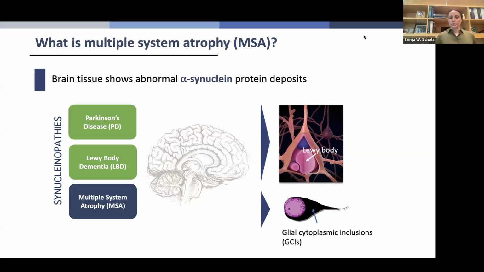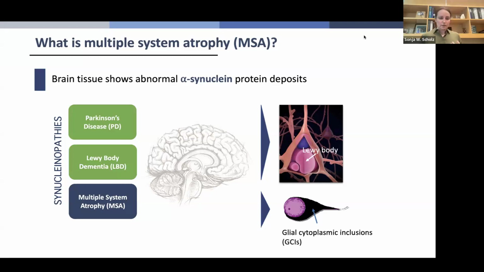Whereas in multiple system atrophy, we see the main pathology happening in a type of cell called the oligodendroglial cells, which support the function of neurons and also build an insulation around the neurons. And in those individuals, we do see these so-called glial cytoplasmic inclusions, a bit of a mouthful, that are made up predominantly of alpha-synuclein protein.